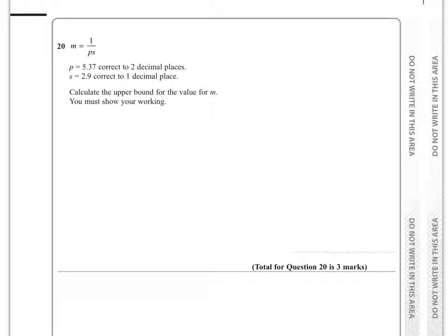Question 20. M equals 1 over P times S. P is 5.37, correct to two decimal places. So the way I do this is that I say to myself, in this particular place value, we're looking at not tenths but hundredths.